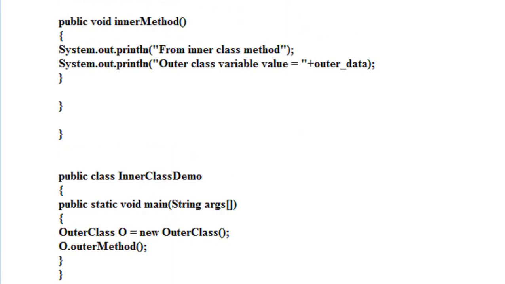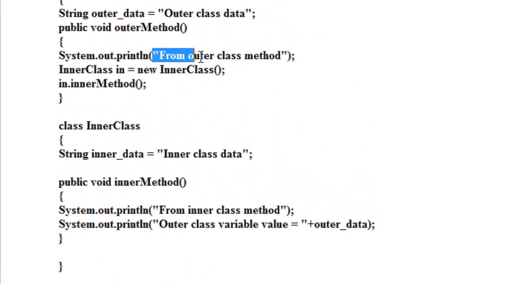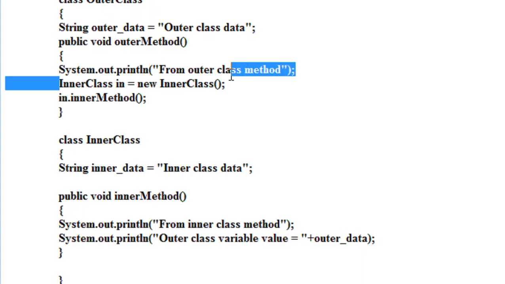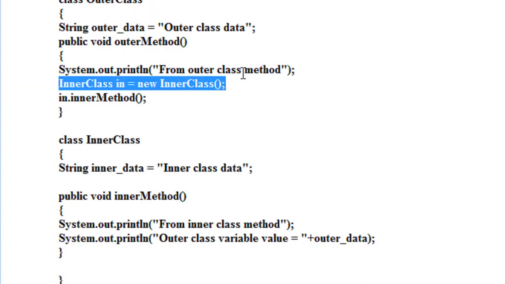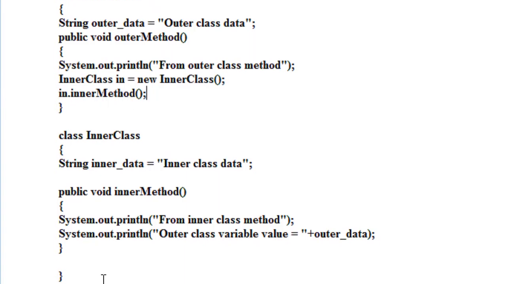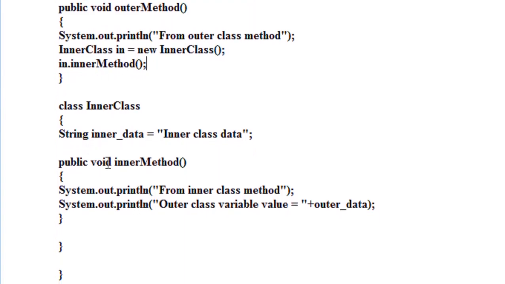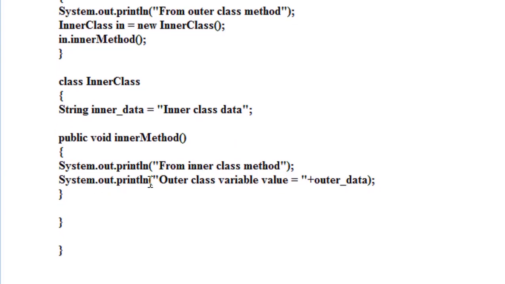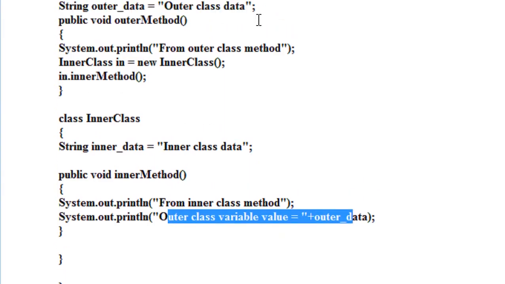Okay, so in that method first this message will appear, from outer class method. After that I just create an object of the inner class, and by using that object I just invoke the method of that inner class. This method will be invoked, and it will display this message from inner class method, and it will display the value of the outer class.